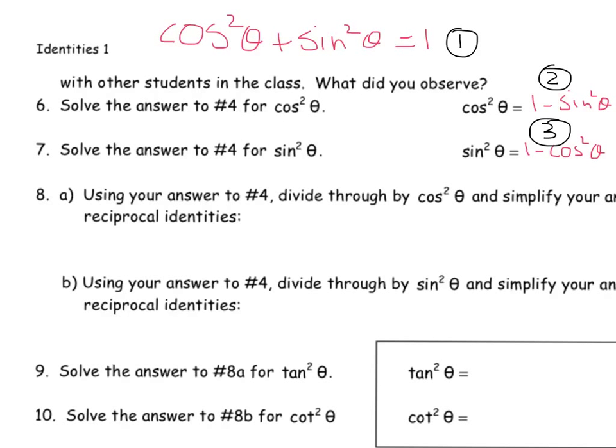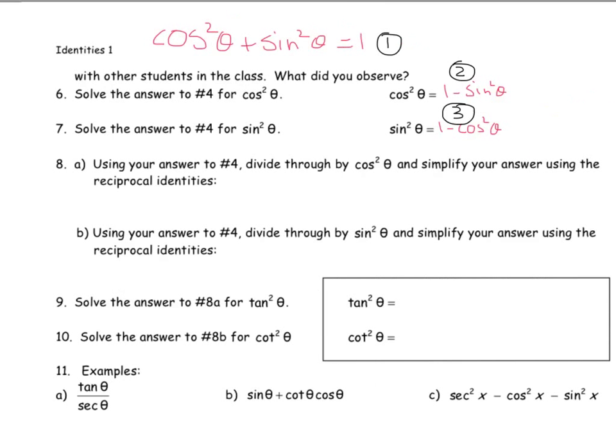Okay, number 8, use your same answer to number 4, which is cosine squared plus sine squared equals 1. And it says divide through by cosine squared and simplify your answer.